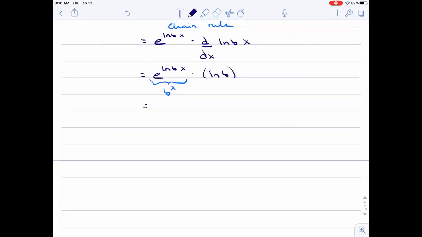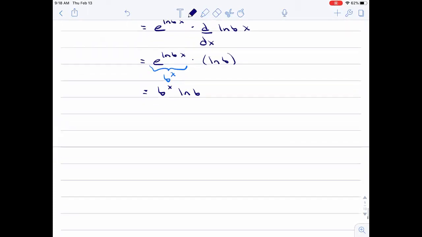And so what I get is b to the x times the log of b. So as a rule, d dx of b to the x is just going to be b to the x log b.